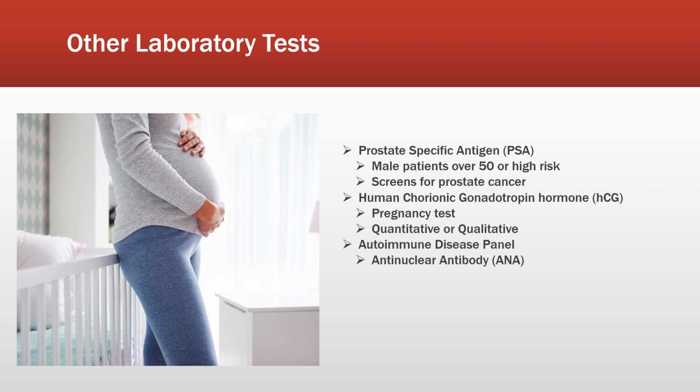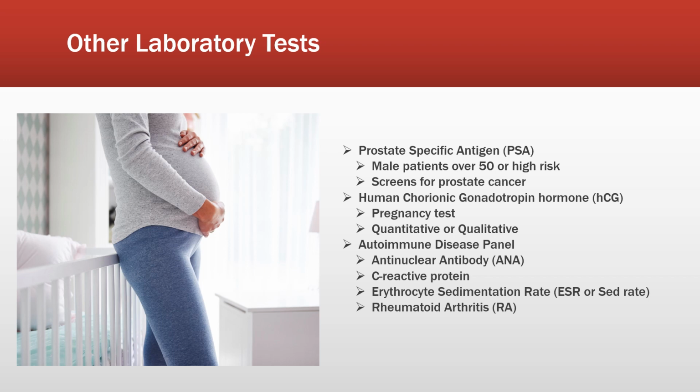However, positive results require further testing with the C-reactive protein, or the erythrocyte sedimentation rate, abbreviated ESR, and sometimes called a SED rate. It detects inflammation, and these results, combined with symptoms, are used to diagnose specific autoimmune disorders like rheumatoid arthritis, or RA, systemic lupus erythematosus, or SLE, and Sjogren's syndrome, as well as several others.